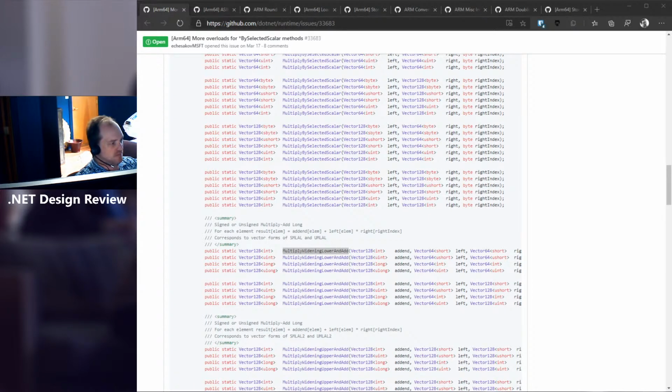It's not painful at all. And thank God we have multi-caret editing. Multiply by select scalar widening. Wait, anything else?